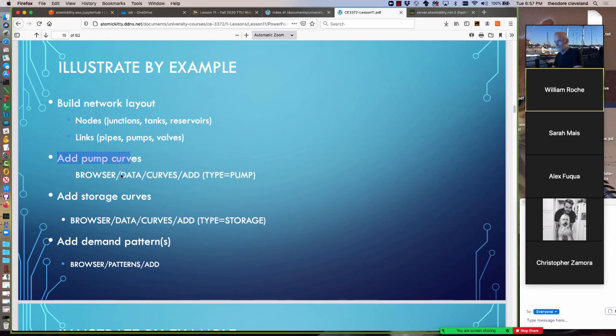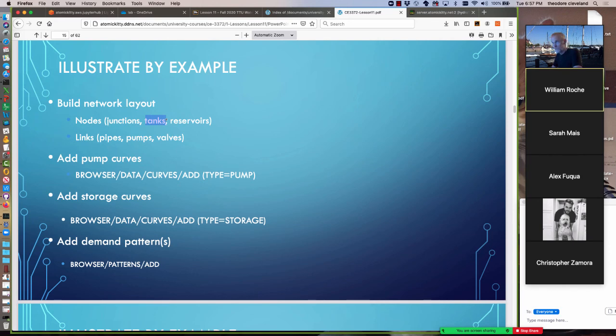Then we add the pump curves. Remember, pump curves are in Browser, Data tab, Curve tab, and then we want to add type equals pump. And then we would add storage curves. What the storage curves do is they allow us to assign to a tank its storage properties.